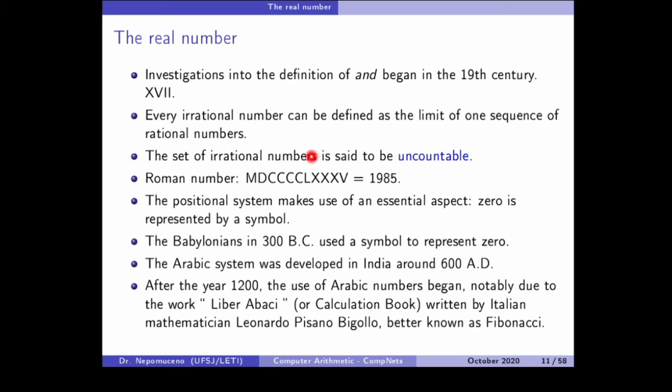The Arabic system was developed in India around 600 AD. After the year 1200, the use of Arabic numbers began, notably due to the work of Liber Abaci, or calculation book, written by an Italian mathematician, Leonardo Pisano Bigollo, better known as Fibonacci.